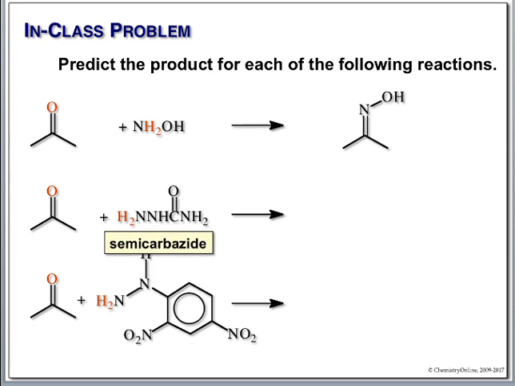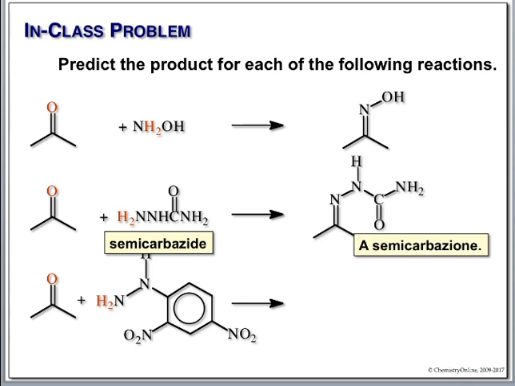Semicarbazide will add to form what's called a semicarbazone. And just like this guy, these are beautiful crystalline compounds. Characteristic melting points makes it very easy to identify what ketone or aldehyde you have.